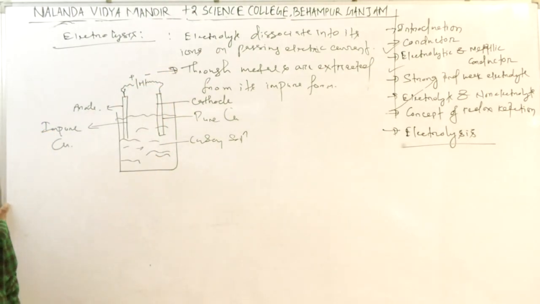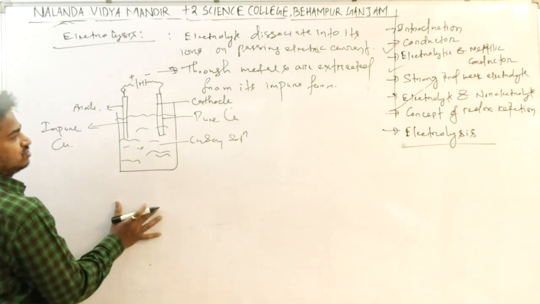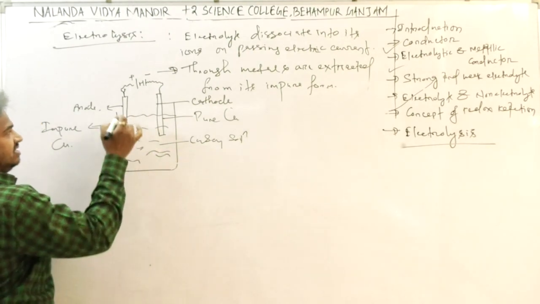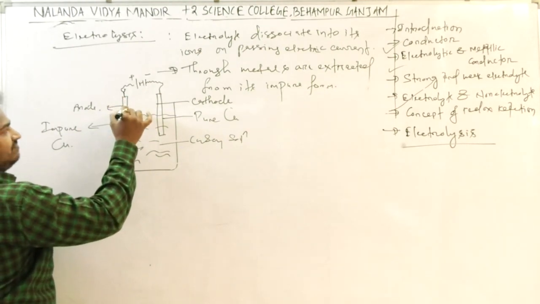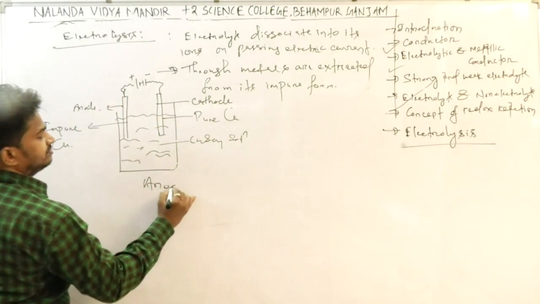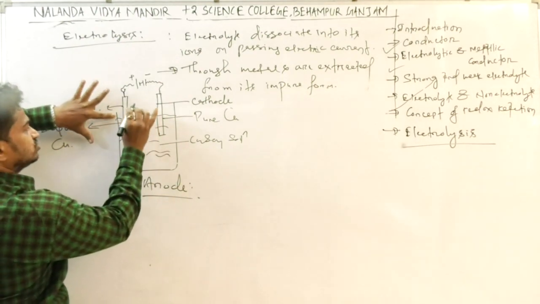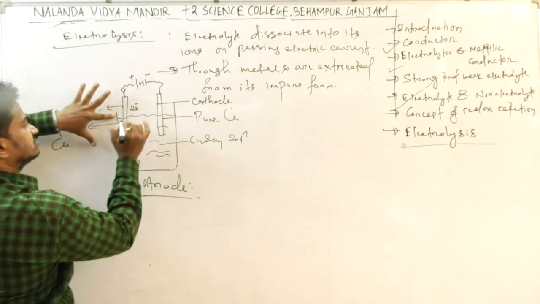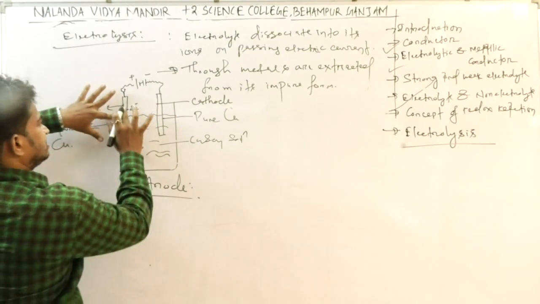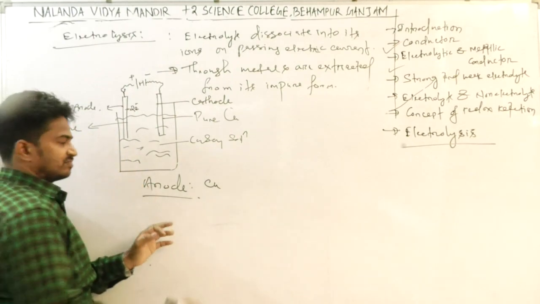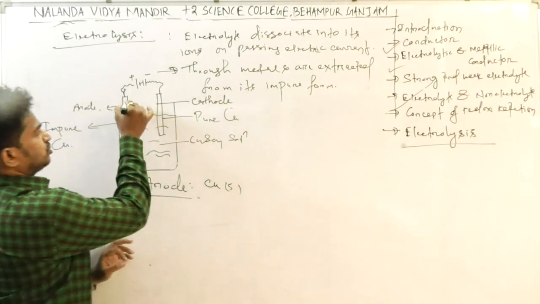Okay, so what happened here: the copper sulfate solution is the aqueous solution of copper sulfate. This copper rod will lose electrons at the anode.